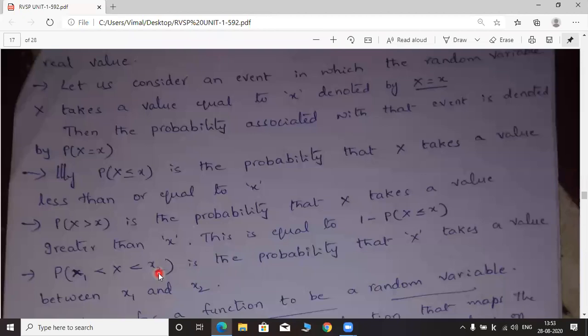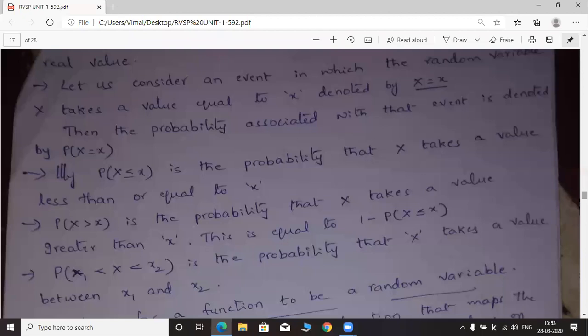There is no equal to symbol here, only less than is written. So capital X must take the values in between x1 and x2. Okay, so these are all the events. If you solve any example problem for this, then you will get clarity. So you need not worry about this.